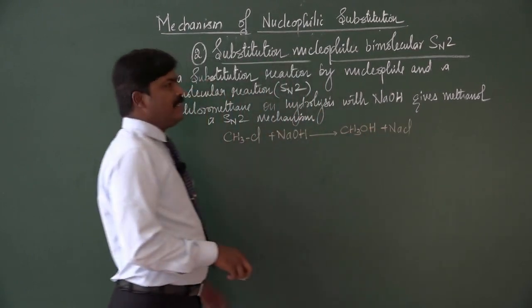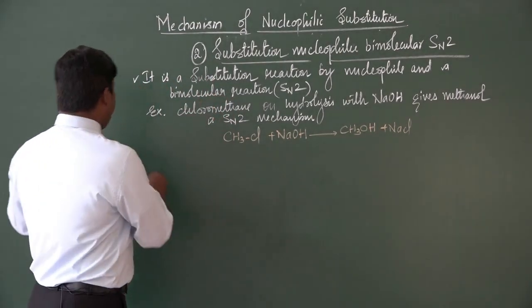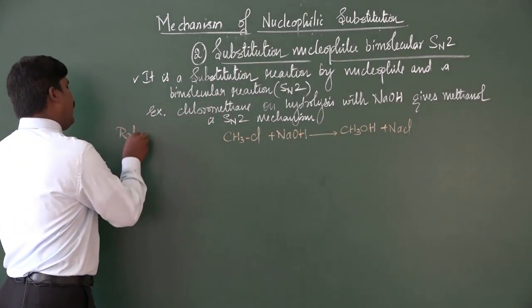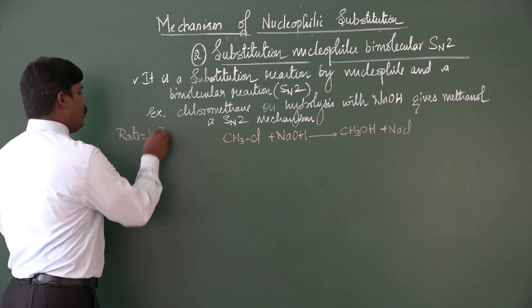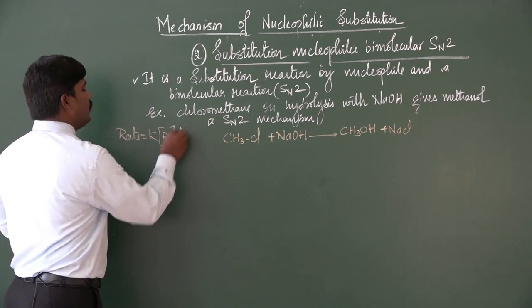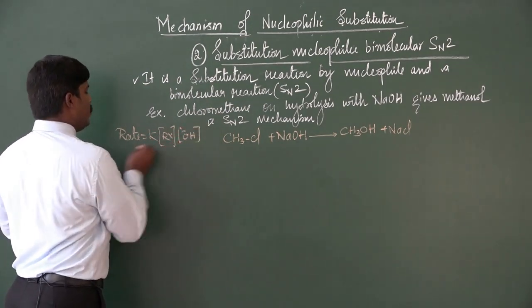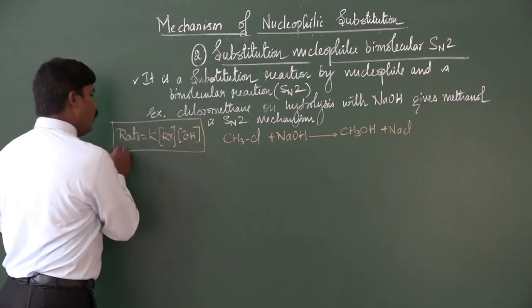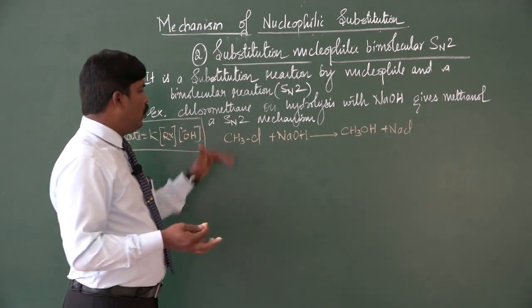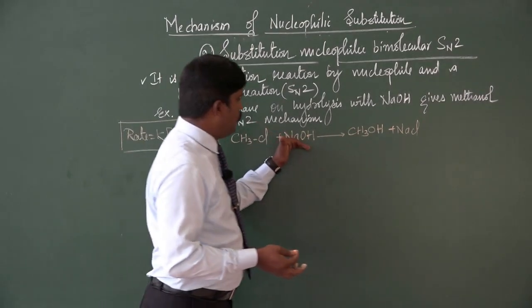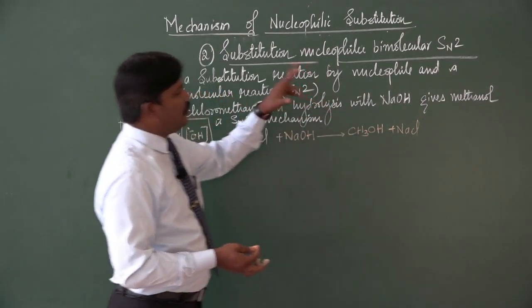Of course, the rate of SN2 is decided by both the nucleophile as well as the haloalkane, RX as well as OH. But if I go to SN1, it is slightly different. So chloromethane with NaOH forming methanol is an SN2 mechanism.